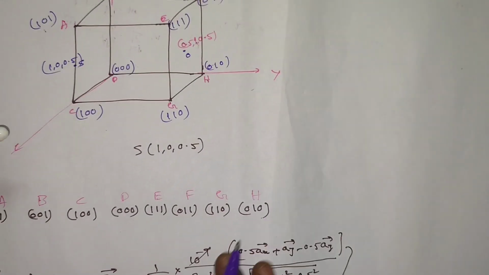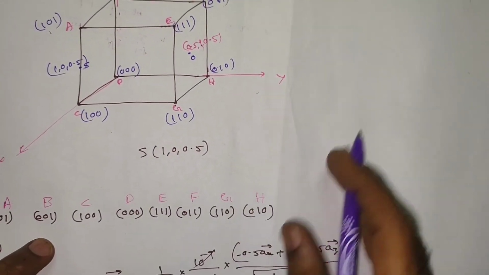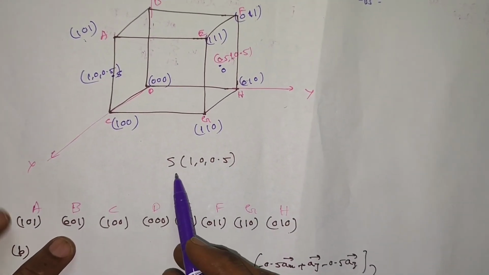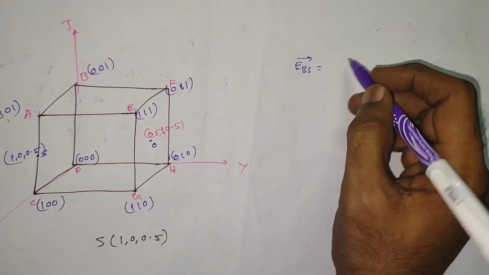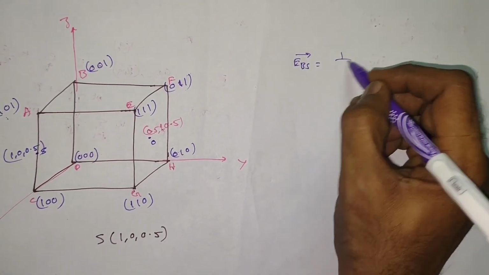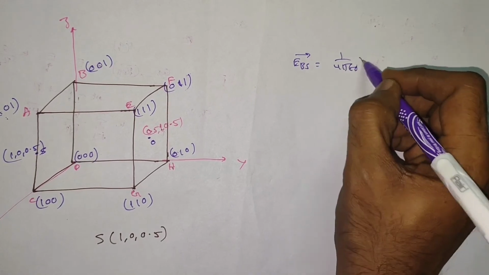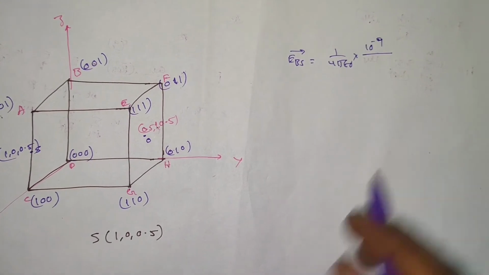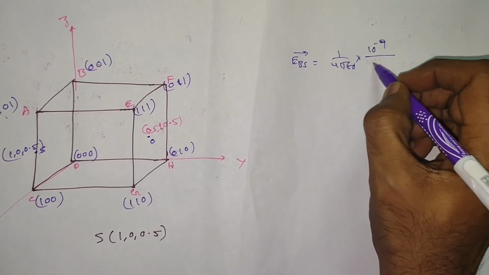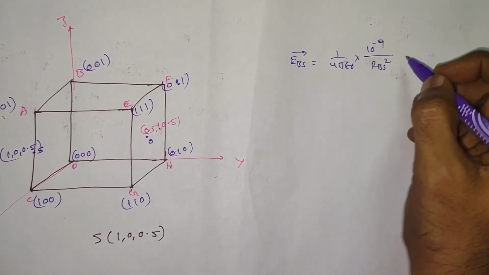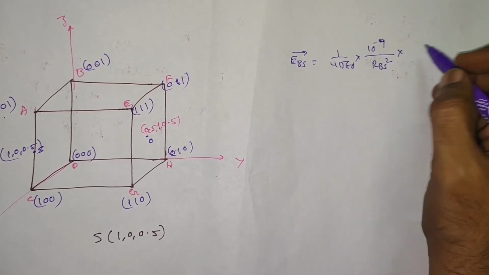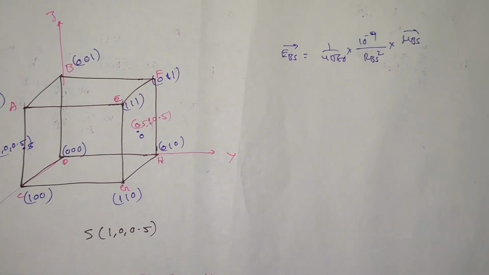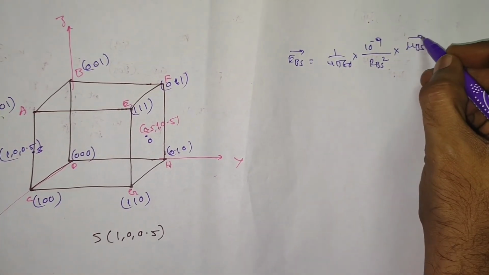So first, I shall write this in a clear way. This is B and this is S. So E is 1 by 4 pi epsilon naught into 10 power minus 9 divided by RBS square into the unit vector along the direction, UBS bar.